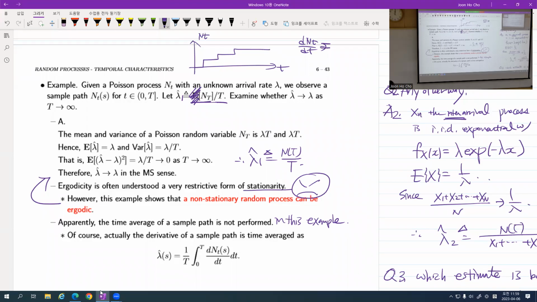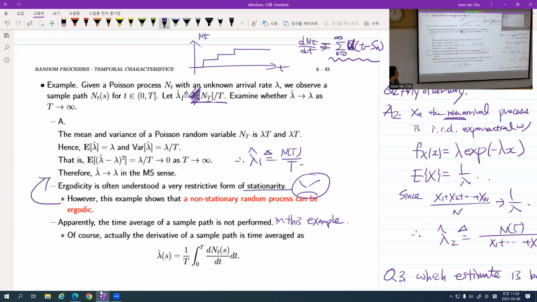You have delta functions, the sum of delta of t minus arrival time. We've seen this representation, right? We have unit step functions u delayed by arrival time S sub n.